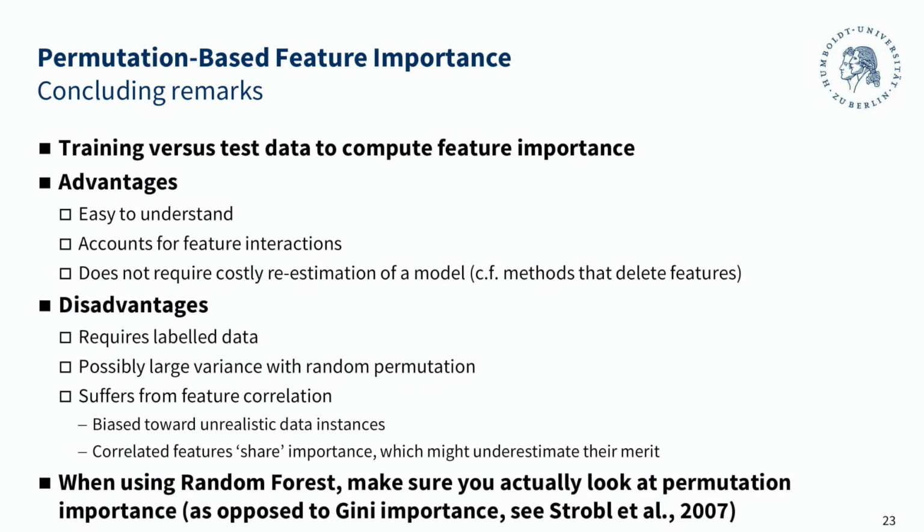And one final remark in terms of tooling. Permutation-based importance is a standard approach, and there are many packages that you can use. Some packages, when used together with random forest, might by default use a different approach to compute feature importance.